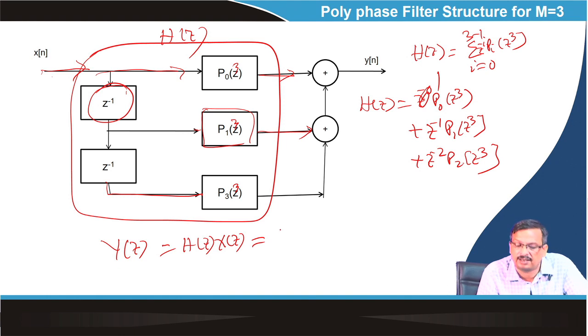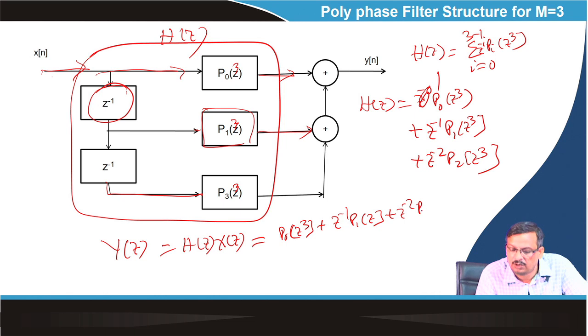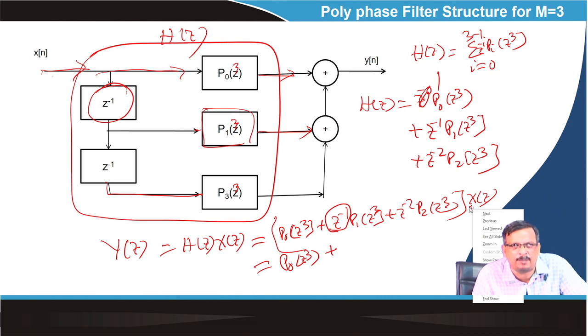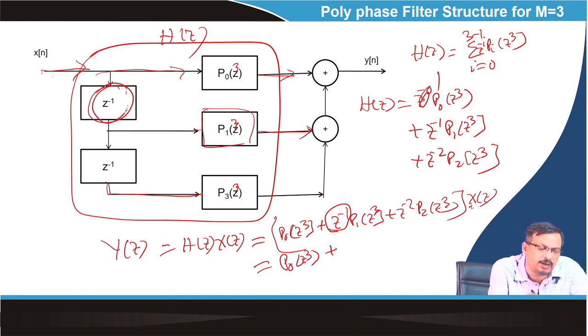So it is nothing but p0 z cubed plus z to the power minus 1 p1 z cubed plus z to the power minus 2 p2 z cubed, the whole multiplied by X(z). So it is p0 z cubed times X(z) plus X(z) z to the power minus 1. That means sample x will be delayed by one sample.